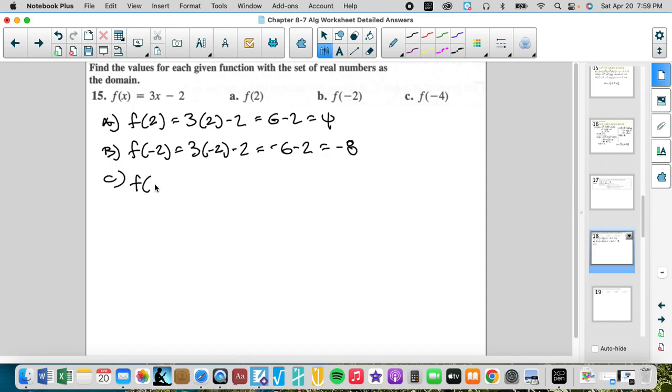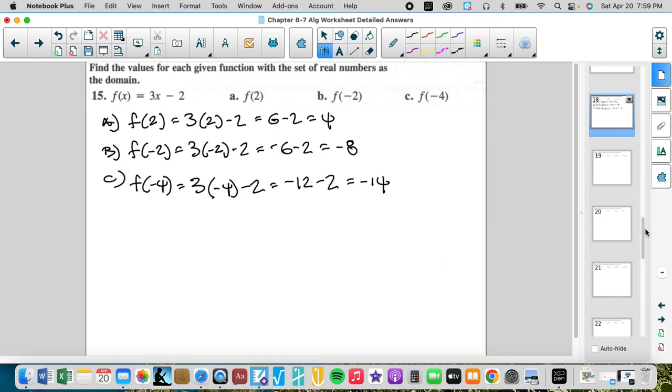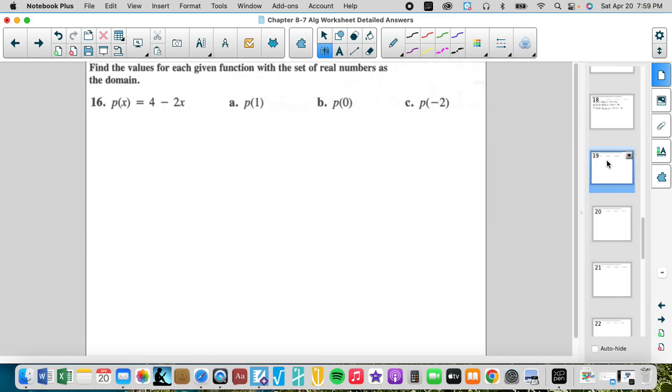C, f of -4, we're inputting -4 in for x, so 3 times -4 minus 2 is -12 minus 2, -14. We don't have to write it in domain and range because they haven't asked for that. They just want to know what is the value.